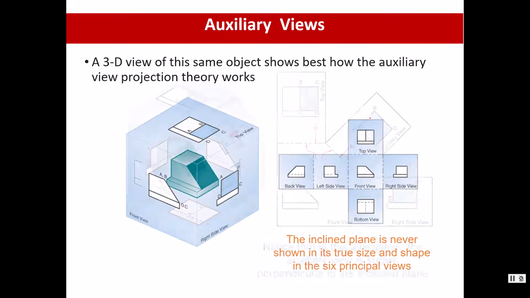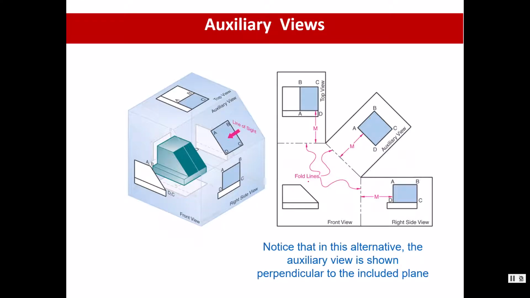So that's why we need an auxiliary view here that is parallel to that plane, so that we get the true size of that particular area that we want. We're going to do a little more exercises related to auxiliary view in our lab work later.